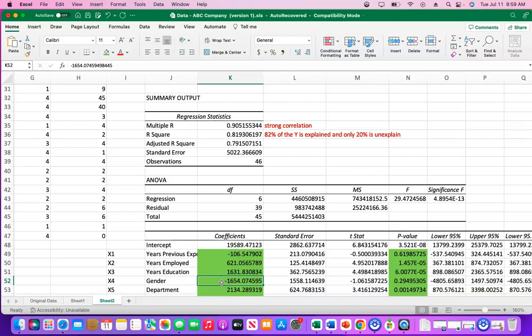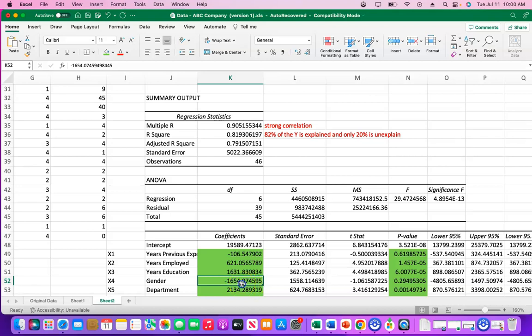That gives us the slope, which is negative 1654.074595. So what it means is the gender could reduce an employee's salary. A certain gender will make an employee lose a certain amount of salary.